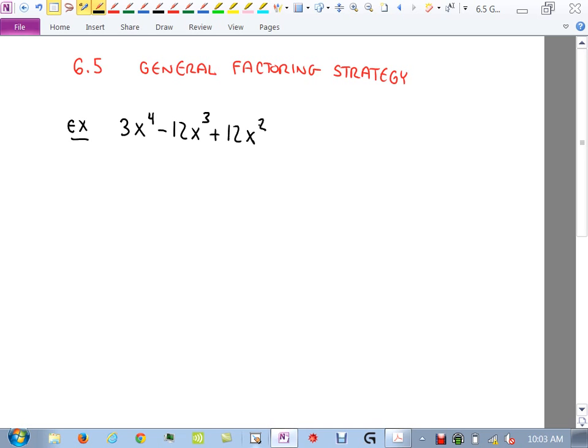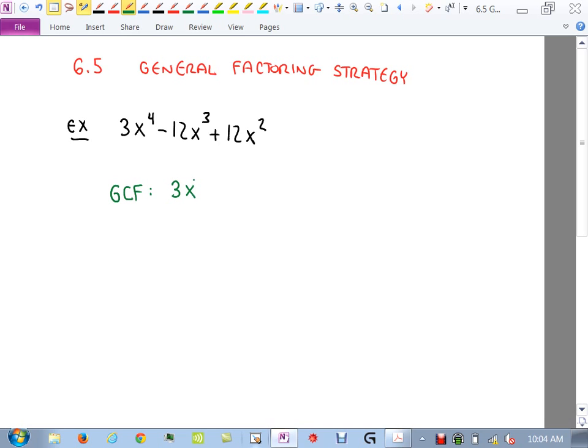And the first thing I do in the general factoring strategy is a GCF. So you look at all the terms, and nothing we've had recently has had a GCF, right? Now we do. Numbers, 3, 12, 12. So there's a 3 common to all those, right? So I have a GCF of 3. What else?